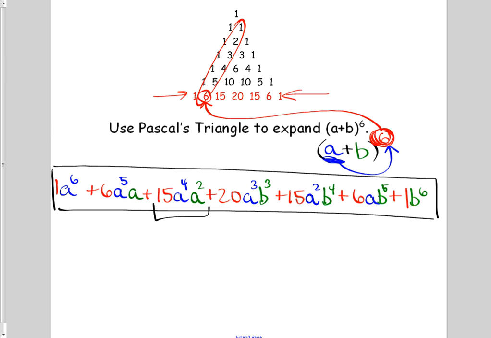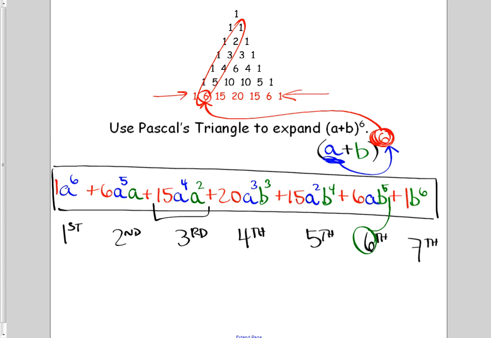Other things I can notice is that if this is the first term, this is the second term, this is the third term, fourth, fifth, sixth, and seventh, that in every case, whatever number I have right here, this exponent is 1 less, right?